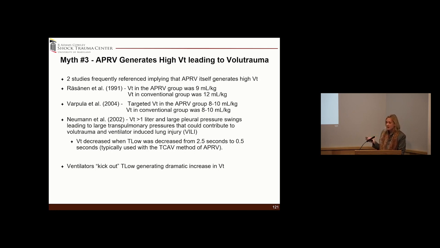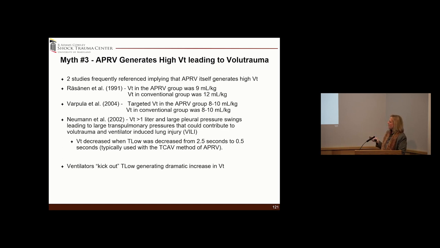The interesting thing is if you pull these studies, Rasanen in '91 showed that the tidal volume in the APRV group was 9, but the tidal volume in the conventional group was 12. So it's funny that APRV was claimed to have higher tidal volumes in this study, yet the conventional group was higher. And then the other study that's referenced is the 2004 Varpula, and both groups had the equal tidal volume set.